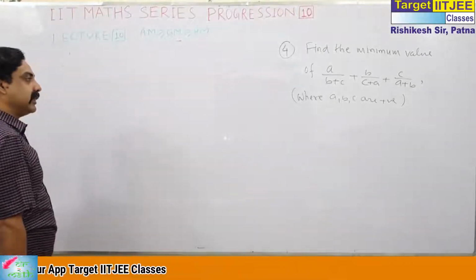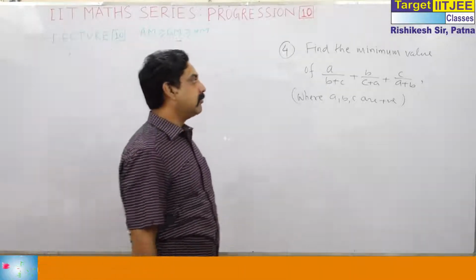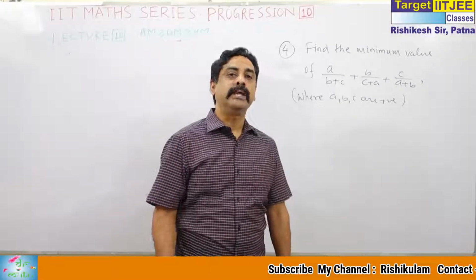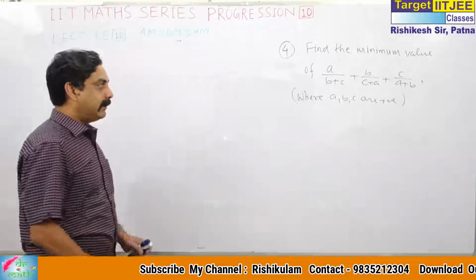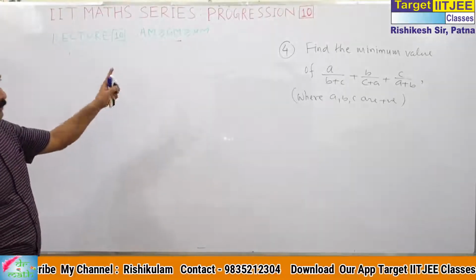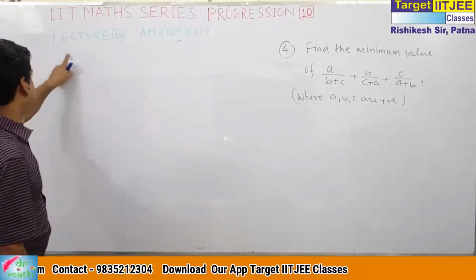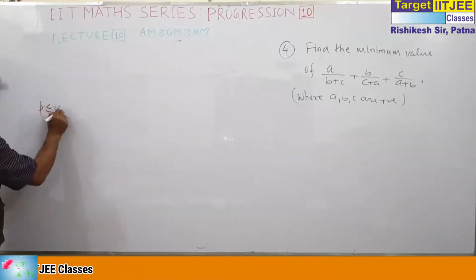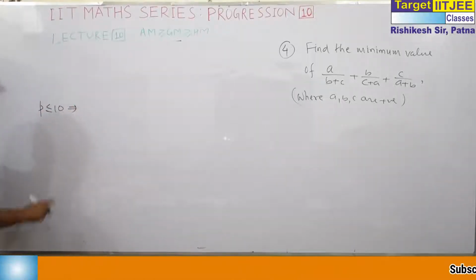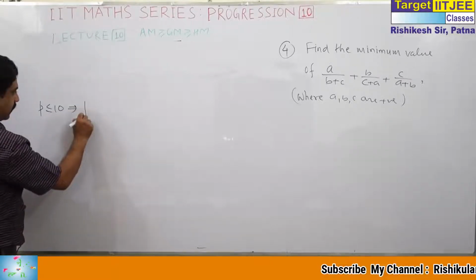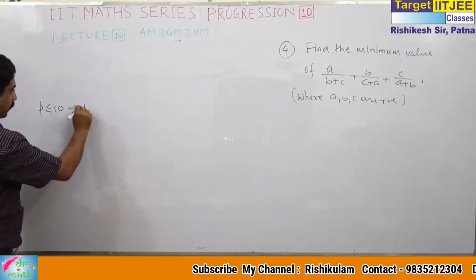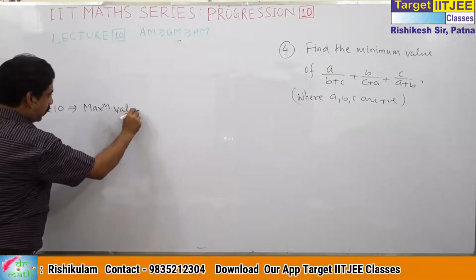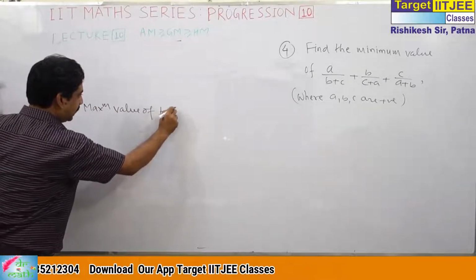Actually you can get some questions in the form of minimum value and maximum value. Before moving further, let me do this. If p is less than or equal to 10, then what do you write? P is less than or equal to 10 means the maximum value of p is 10.